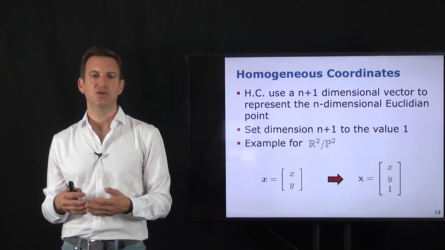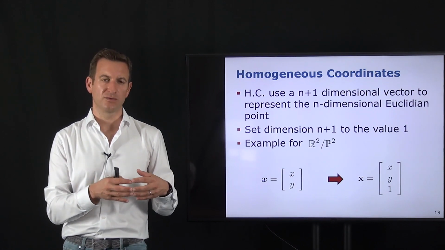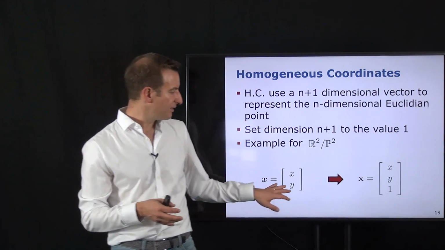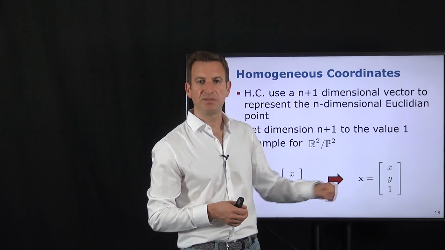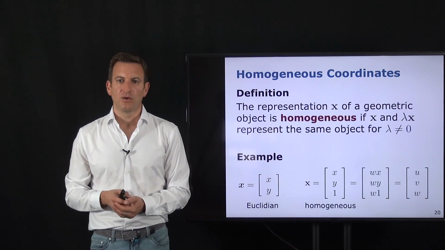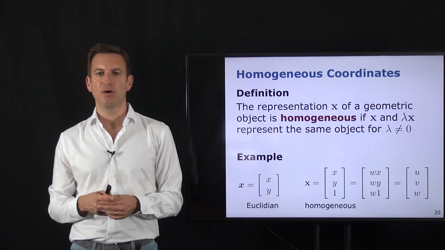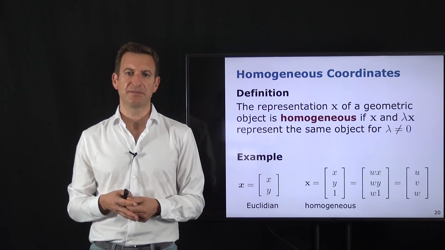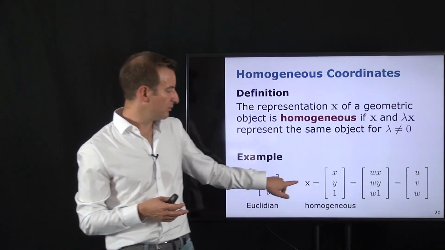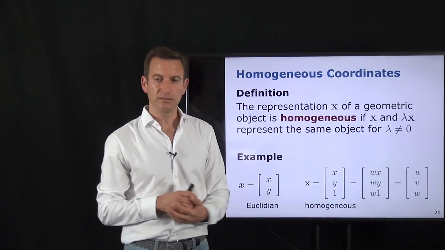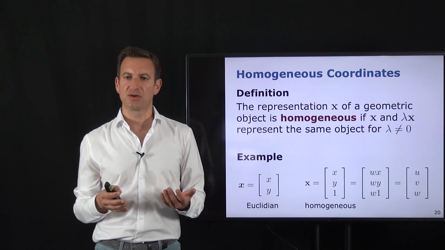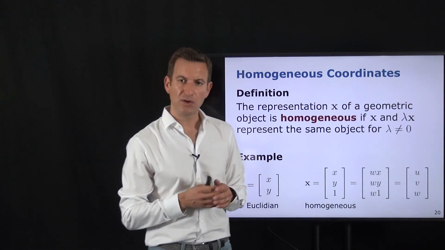There's nothing else that we do for transforming a point from our Euclidean world into our homogeneous world. This is then from R2 into the projective space P2, our two-dimensional projective space. Okay, so if we say that a point is homogeneous, it is only defined up to a scale factor. That means if we take our Euclidean point x, y, turn it into a homogeneous vector x, y, 1, we can multiply this point with an arbitrary weight, for example w unequal to 0.